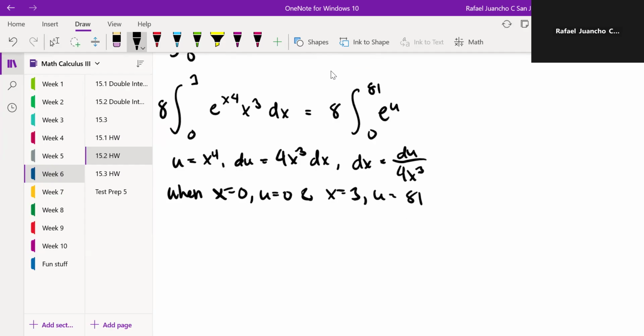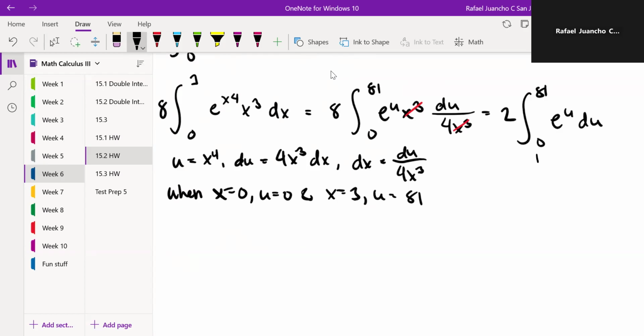This is e to the u. X cubed is, I'll leave it be. Then my dx, I get to take these out. This one cancels, it just becomes 2. Now I have e to the u du, right?